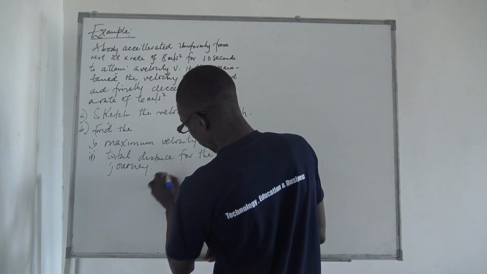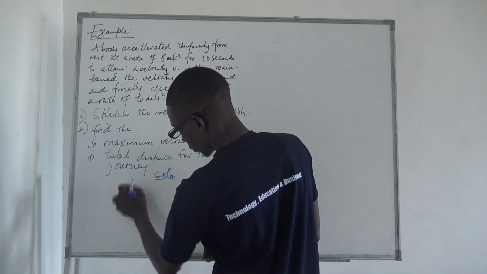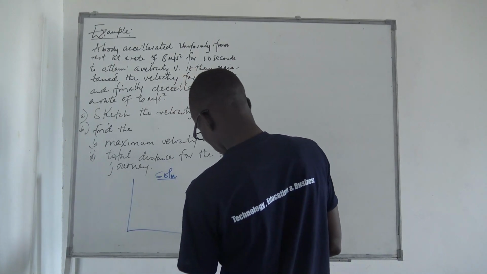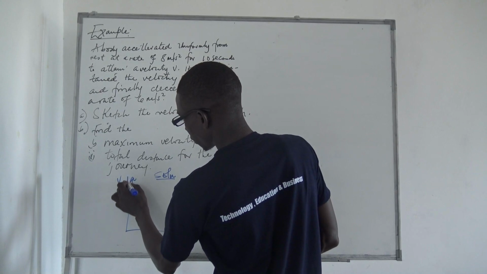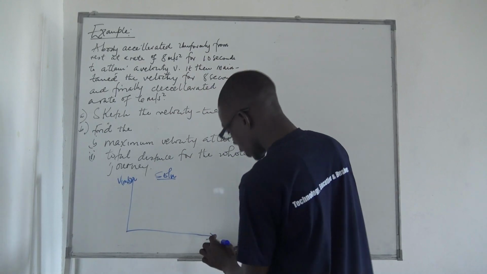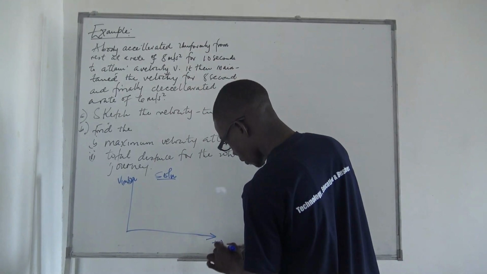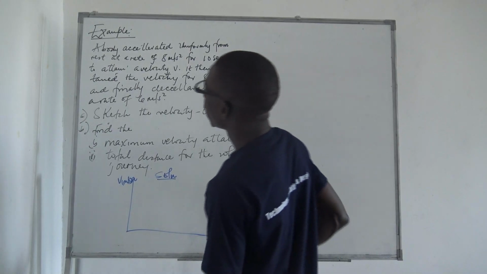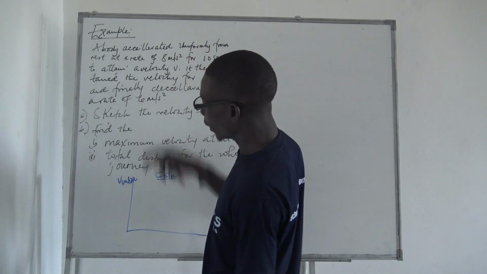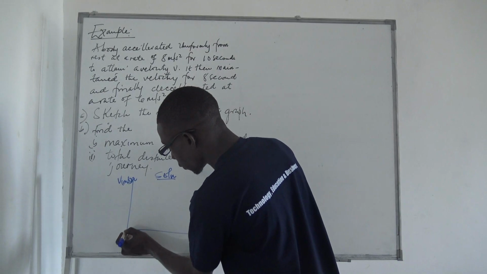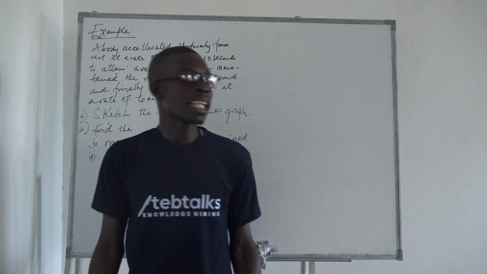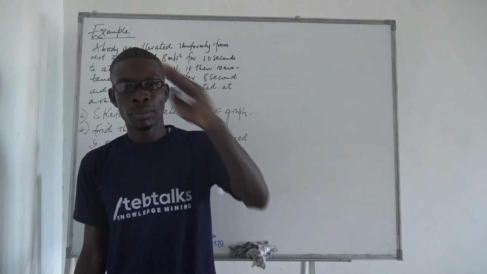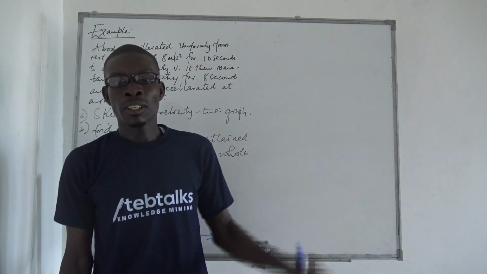This is what we do. This is velocity in meters per second. This is the time in seconds. If the body started from rest, that means our graph will begin here. If they give you acceleration, that acceleration is always a slope. You'll draw a line slanting.